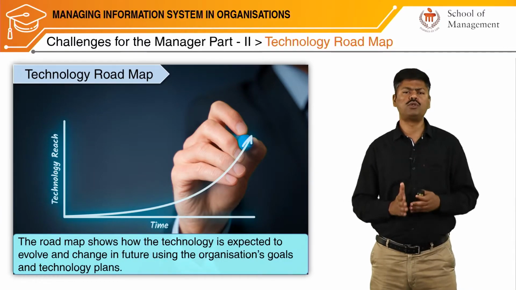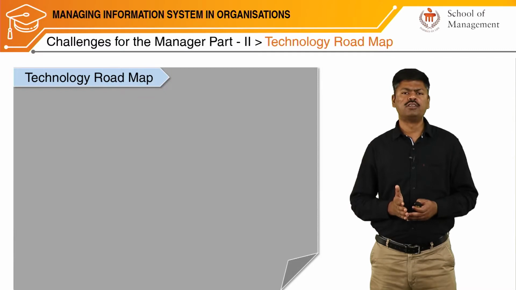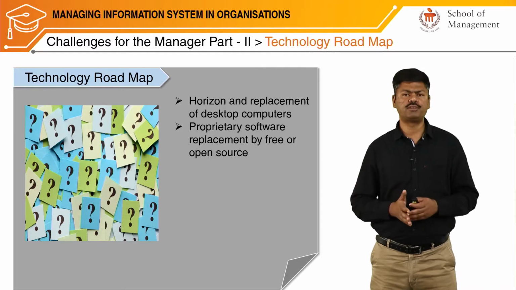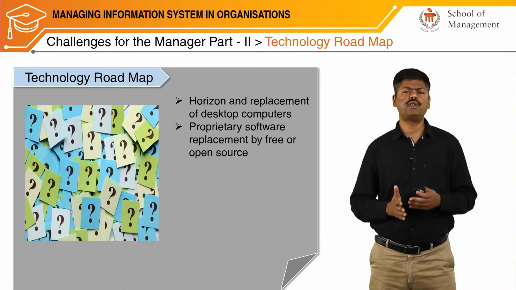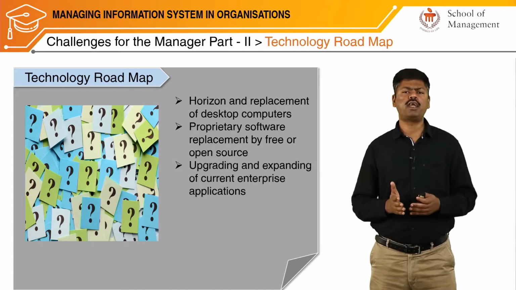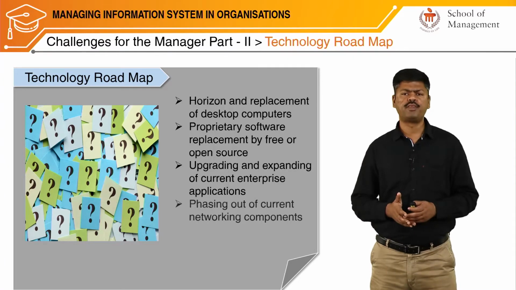The roadmap shows how the technology is expected to evolve and change in future using the organization's goals and technology plans. The technology roadmap gives the horizon and replacement of desktop computers, replacement of proprietary software by free or open source, upgrading and expanding of current enterprise applications, and phasing out the current networking components.